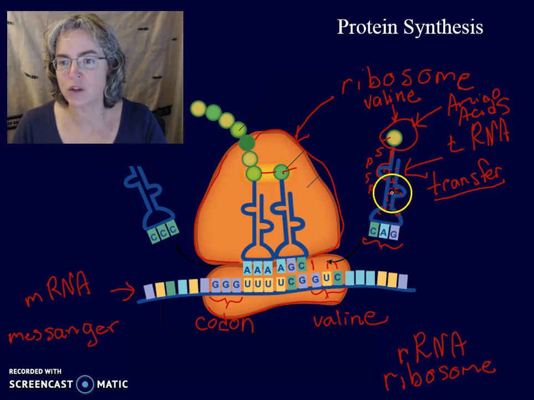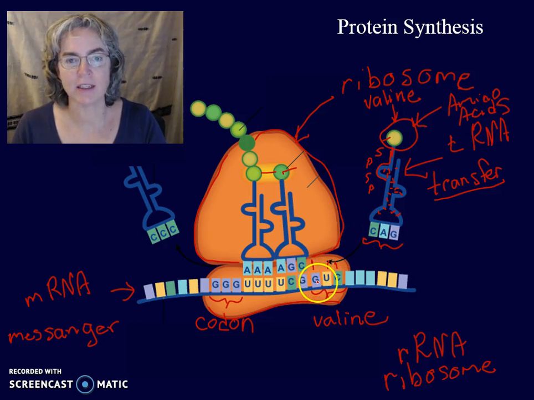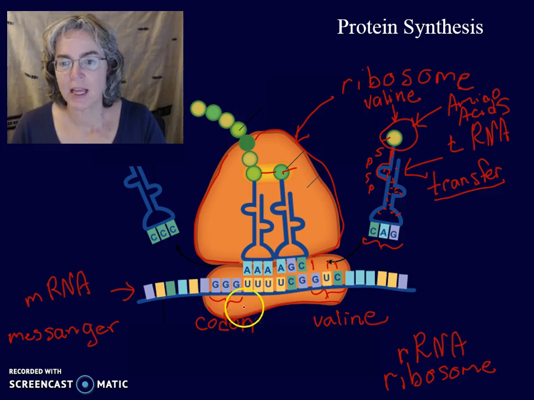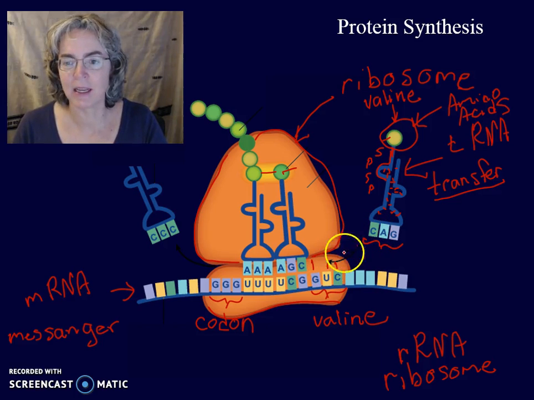So this transfer RNA will then be attracted to these 3 nucleotides on the mRNA, because cytosine is attracted to guanine, adenine is attracted to uracil, and guanine is attracted to cytosine.